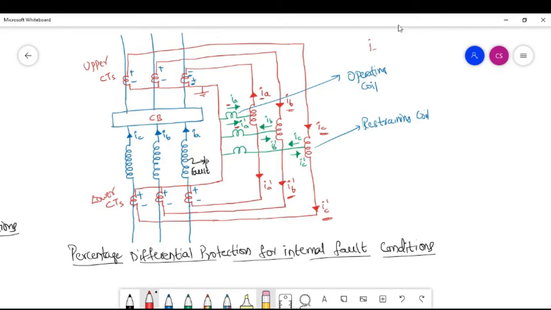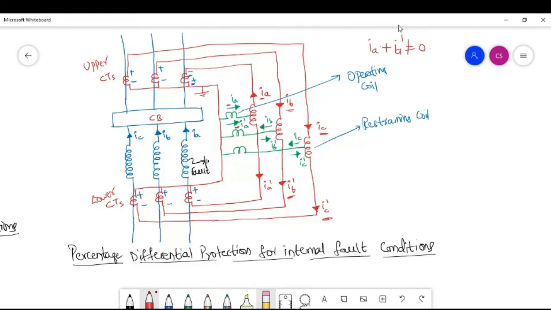This time, you will get IA minus IA dash is not equal to 0, because some amount of current is going to flow through this operating coil because of this reversal of polarities of the upper CT. So IA dash is flowing like this, IA is also flowing like this.